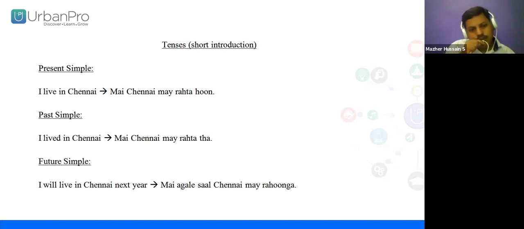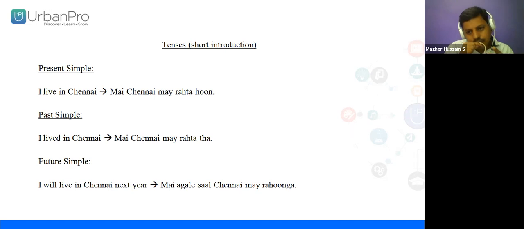So now the present simple tense. For example, if I want to say something in present simple tense, such as "I live in Chennai", this is present simple. In Hindi, I have to say "main Chennai mein rehta hoon".